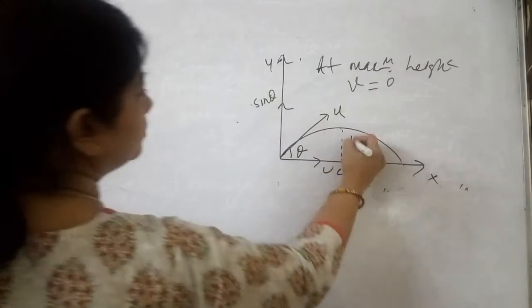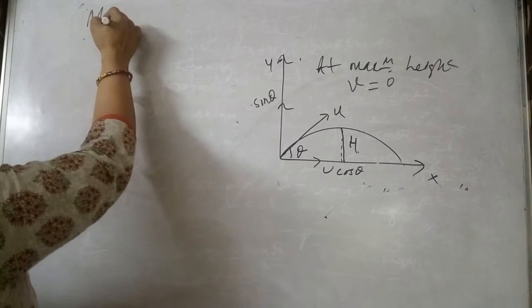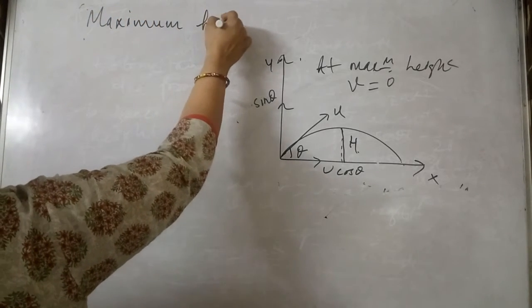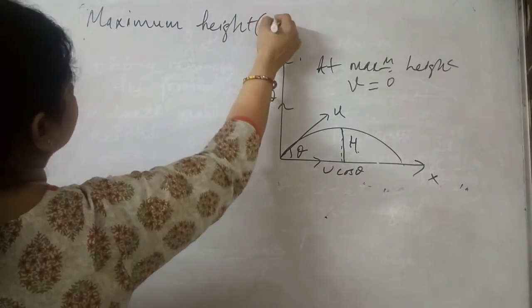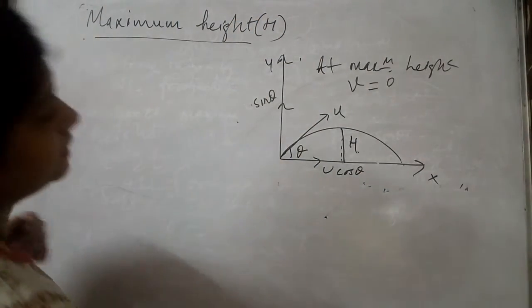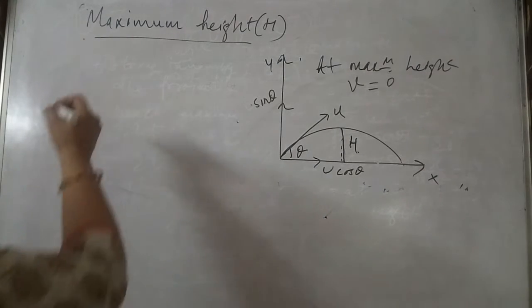So let us assume this is the maximum height H attained by the projectile. Here we take the same condition, at maximum height the final velocity is 0. We are using the formula.